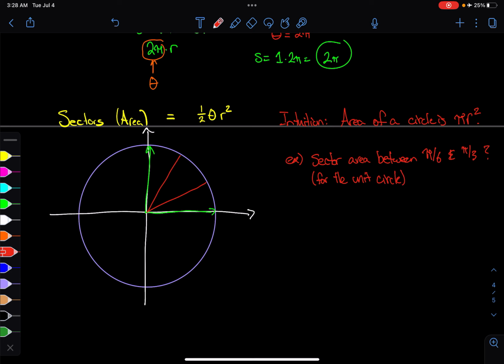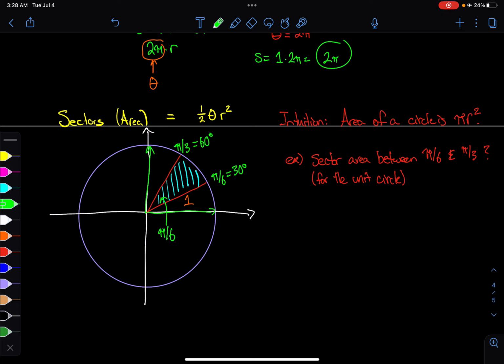Okay, so we are basically interested in this area right here. Well, it's not too bad because we know that the radius is 1, and we also know that the angle that's inside of here, if we're going from pi over 6 to pi over 3, which is 30 degrees to 60 degrees, the angle in there is pi over 6.